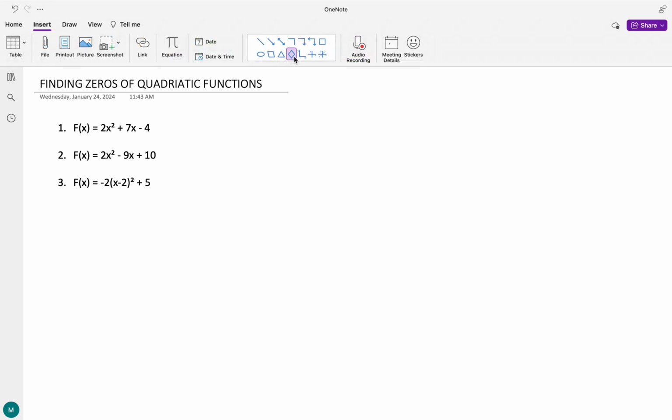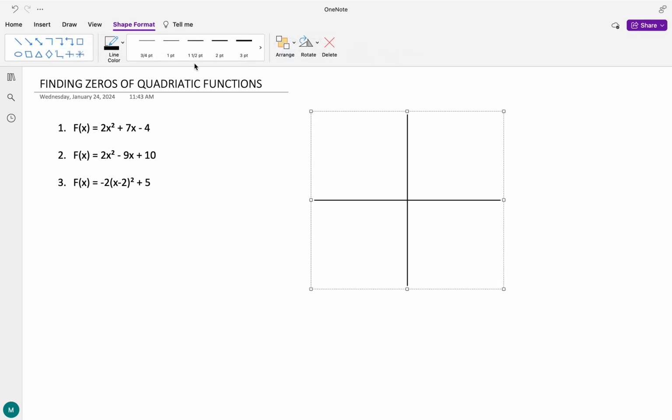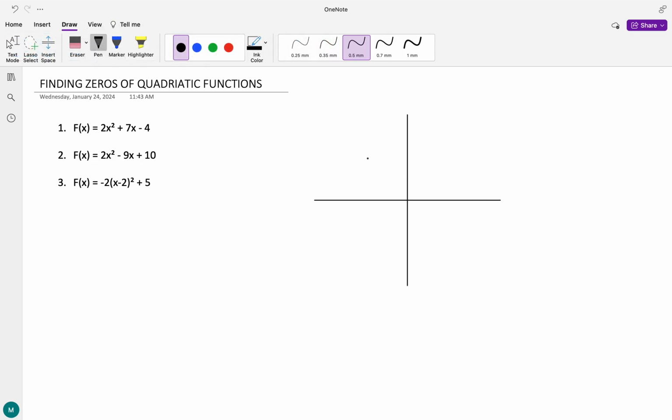Let me actually insert a coordinate system to show you how zeros look. So let's say we have a quadratic function like this. Once again, zeros or roots are the points where our graph crosses the x-axis.